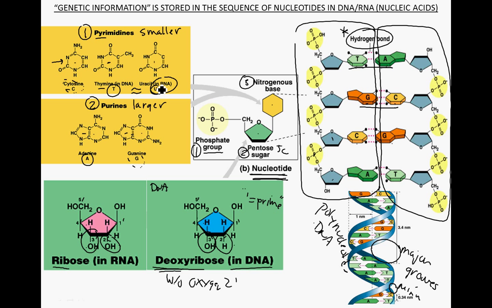This is a crazy way I remember doing this in college for some strange reason, but it just stuck with me for the past 20 years. I was trying to remember which ones were the smaller ones and which ones are the larger ones, and I noticed that the pyrimidines were C and T, and the purines were G and A. I thought, oh, C T is the abbreviation for Connecticut, and G A is the abbreviation for Georgia, and Georgia is a larger state than Connecticut.